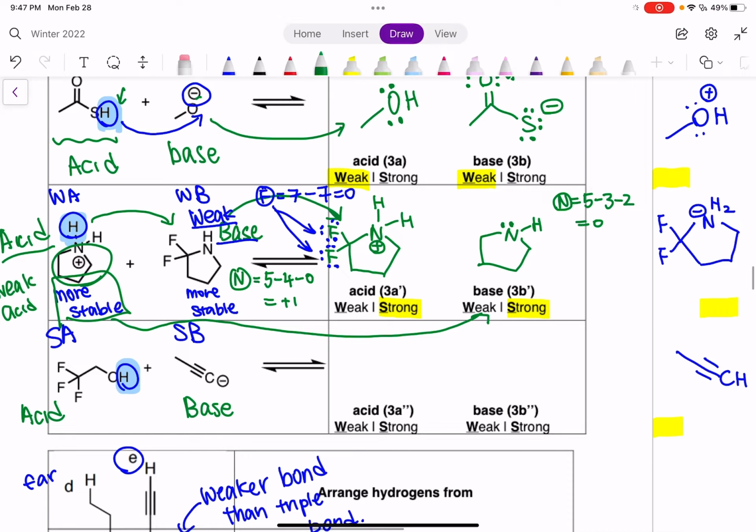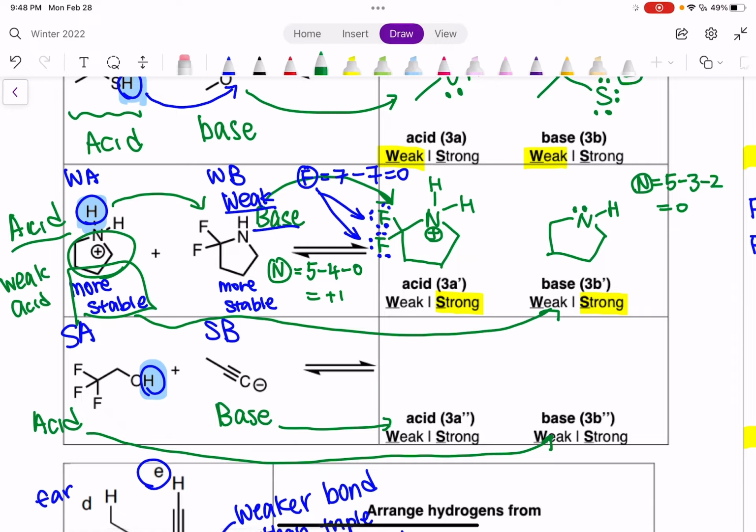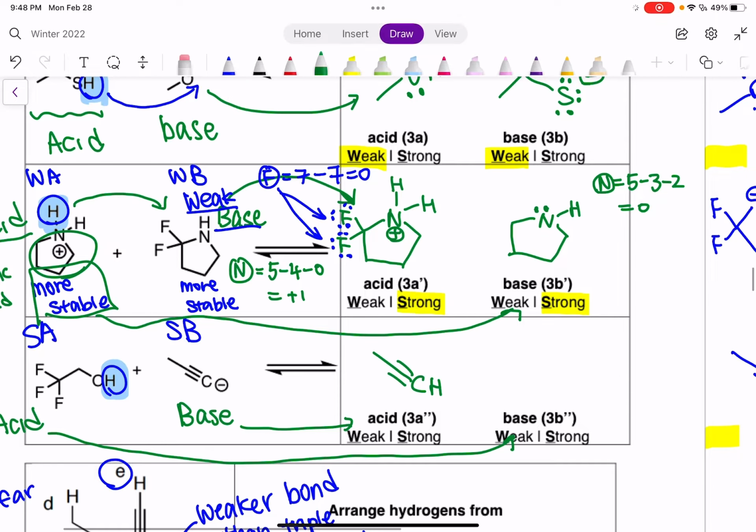If that's the base, it will have a conjugate acid, and this acid will have a conjugate base. So in this case, we have to write it down: just add a proton right there, and rewrite the chicken feet O, and chicken feet F, fluorine.